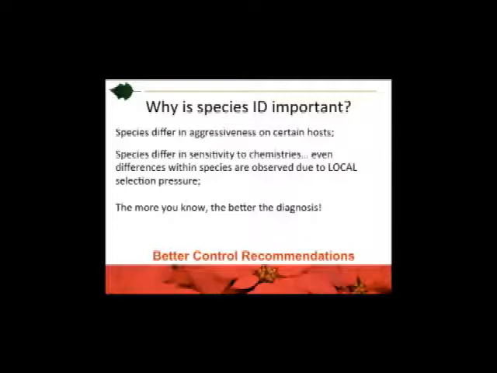But also, many different Pythium species differ in their sensitivity to fungicides. And what we're finding is that there's local selection pressure. What I mean by that is different greenhouses will build up selection pressure to Mefenoxam and other chemistries, and it correlates back to their use of these products. Some species of Pythium have been found never to be sensitive to Mefenoxam.